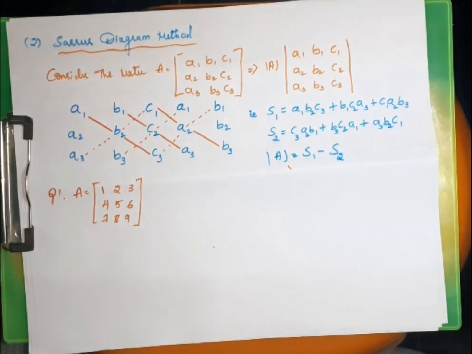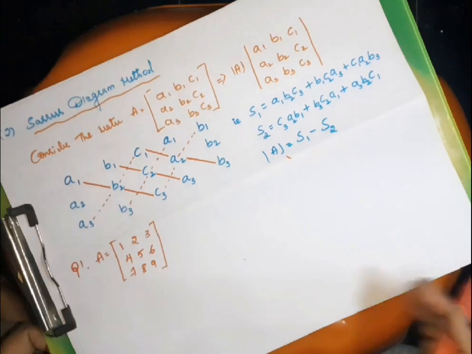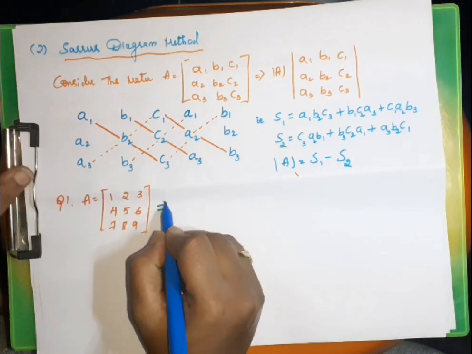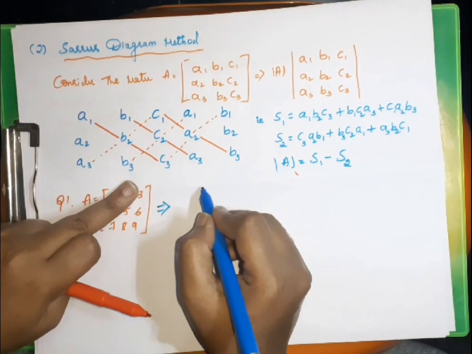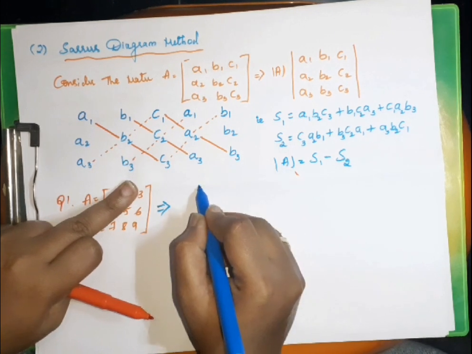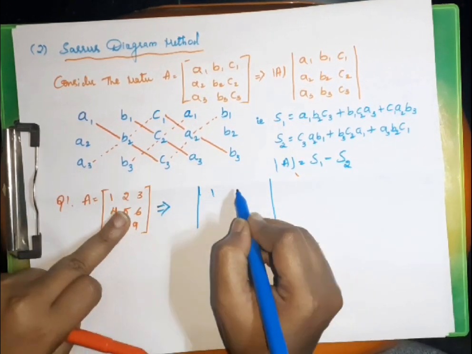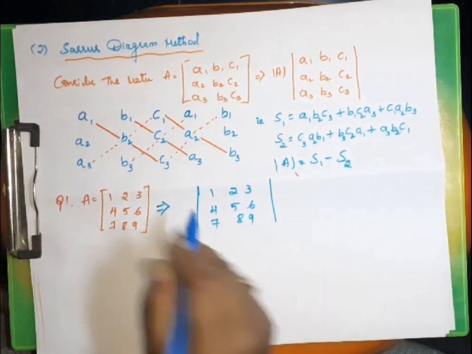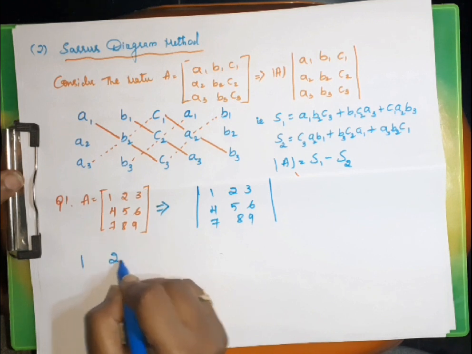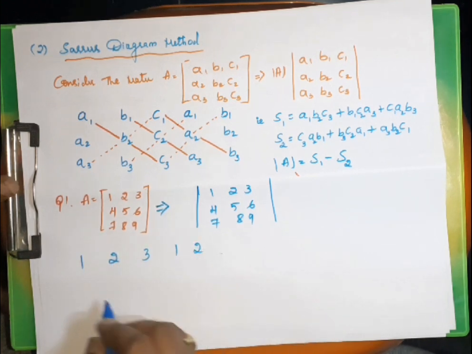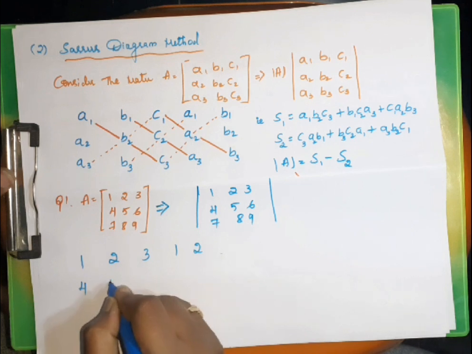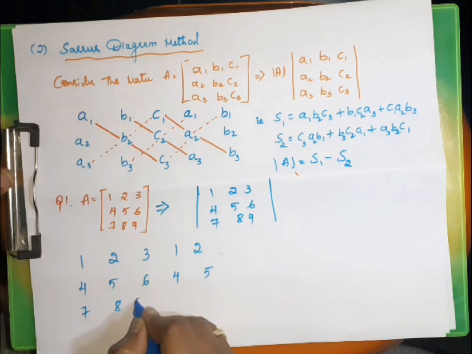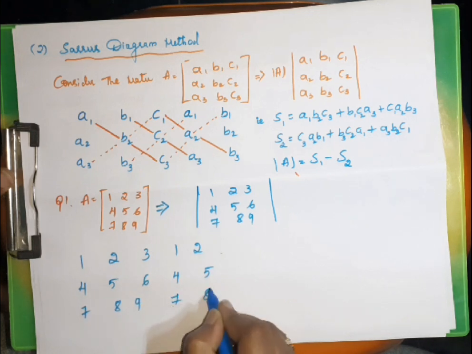So I am solving one example sum so that you will understand it better. We have to write according to this way. First I'll write it in the determinant format: 1, 2, 3, 4, 5, 6, 7, 8, 9. So this is 1, 2, 3, again 1, 2, then 4, 5, 6, again 4, 5, 7, 8, 9, again 7, 8.